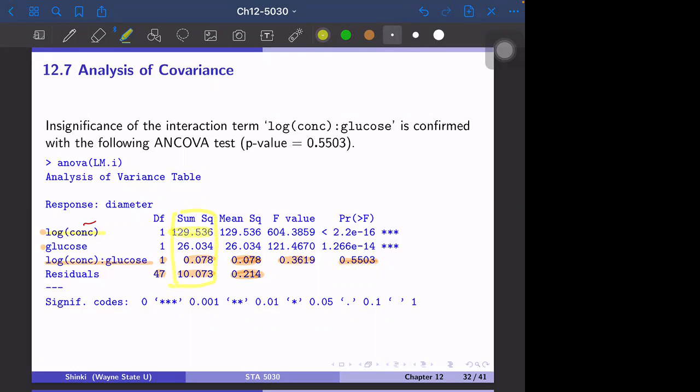But most of the part, 129.5, is reduced when we use the log of concentration as the predictor. If we put glucose in addition to log of concentration, then some sum of squares is explained by the glucose variable. But after that, if we introduce the interaction term, only a small part of the residuals is explained. And finally, the 10.073 is the sum of squared residuals that remained unexplained by these variables.